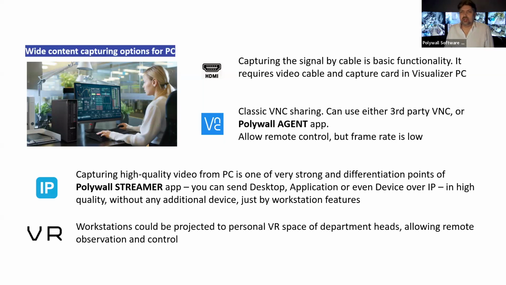For IP sharing, we have the module called Polywall Streamer. And using this software module, you can stream the content of your desktop or application window or connected video device to the network. It does not require any boxes. So just by running software, you can share the content of your workstation to the network. No need for anything.